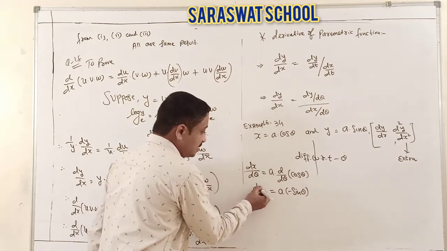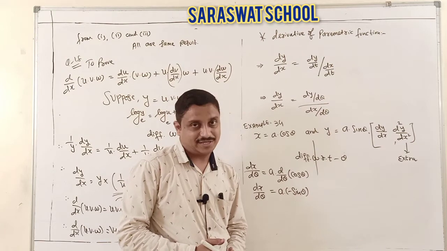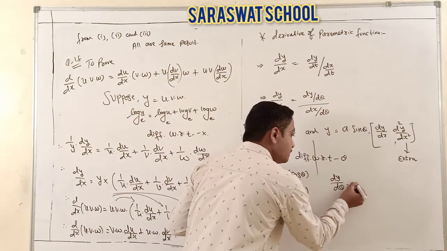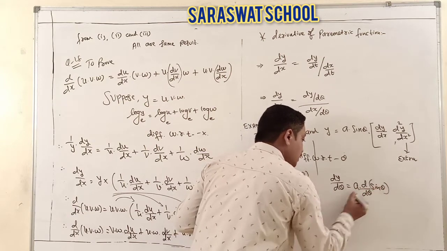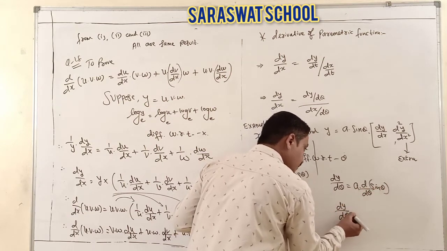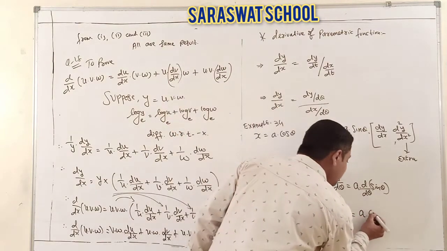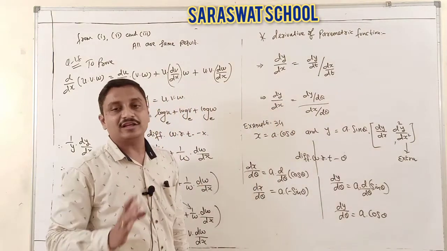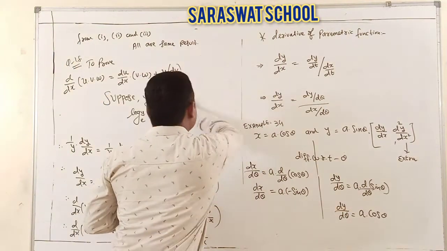It is minus sin theta. The same applies here. dy by d theta, d by d theta of a sin theta. What is the sin theta derivative? It is cos theta.